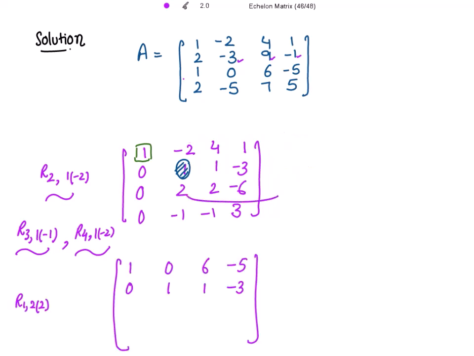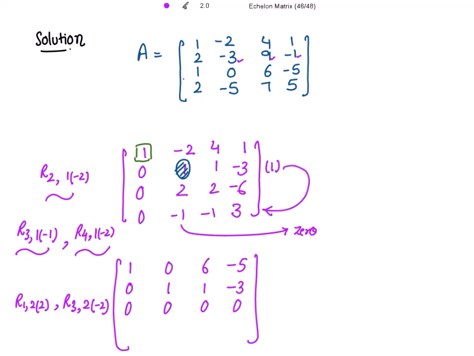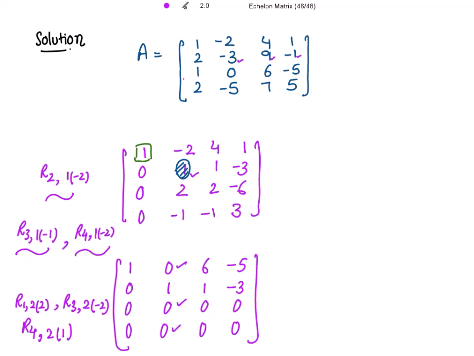To get 0 in place of 2, we multiply row 2 by negative 2 and add it to row 3. To make minus 1 a 0, multiply row 2 by 1 and add it to row 4. Because all the elements are 0 except this leading entry, it becomes the leading element for the second row.